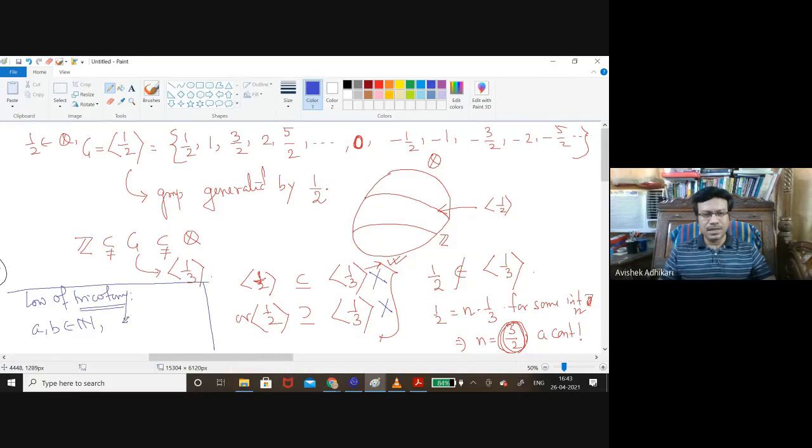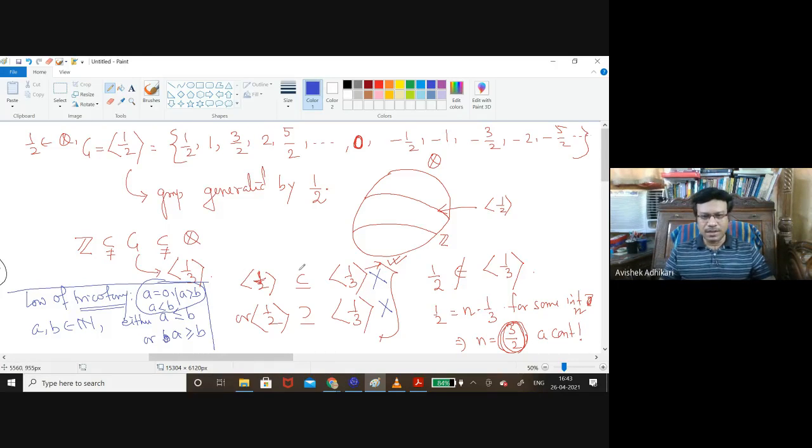It says that either A is less than or equal to B, or A is greater than or equal to B. So any one of the relations may happen. Either A is equal to B, or A is strictly less than B, or A is strictly greater than B. So for any two integers, one of these relations must occur.